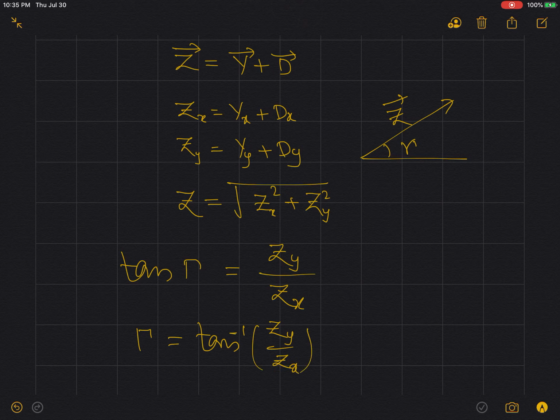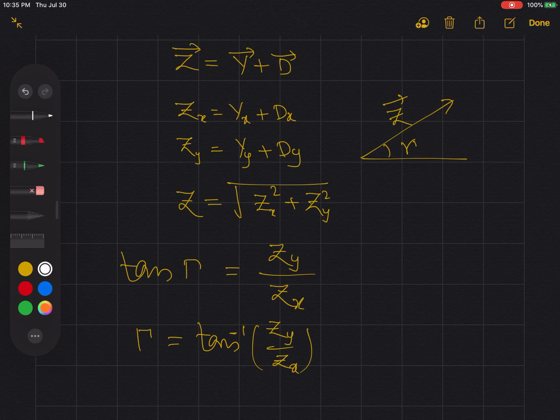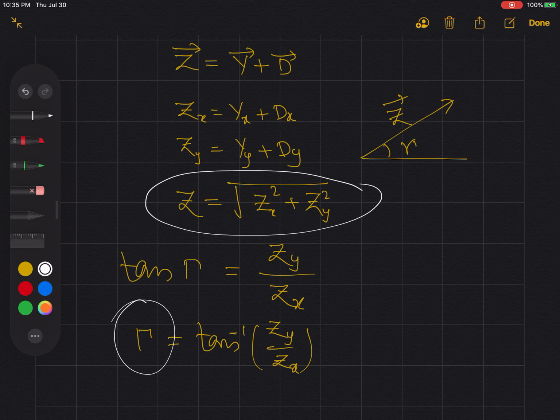So in this way you can find the sum of four vectors. This is your sum of four vectors, gamma is the direction, and z is the final sum. Similarly, you can add more than four vectors.